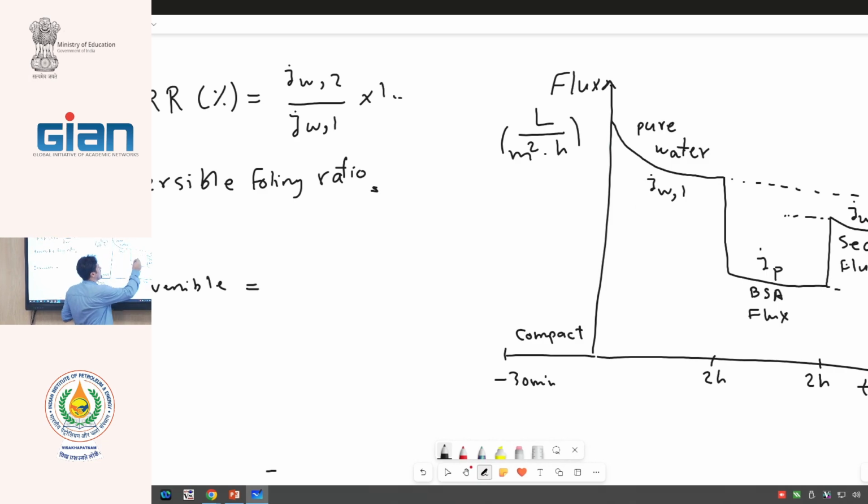This amount I show with another color, maybe. This amount is reversible. But this amount of flux is irreversible.